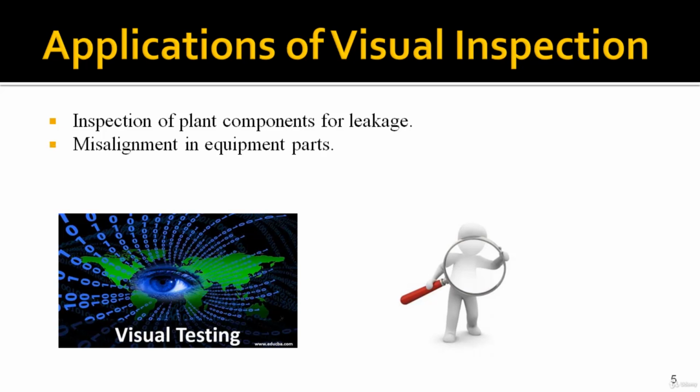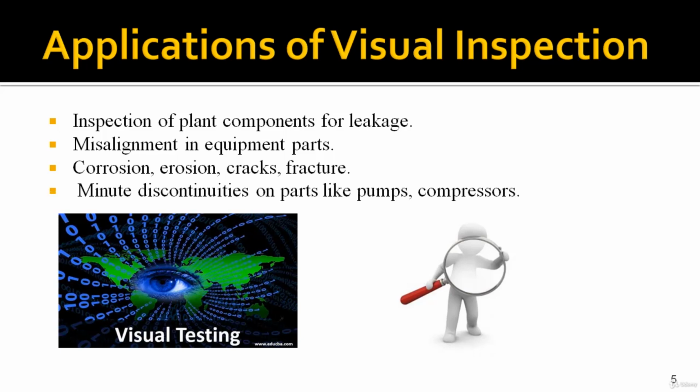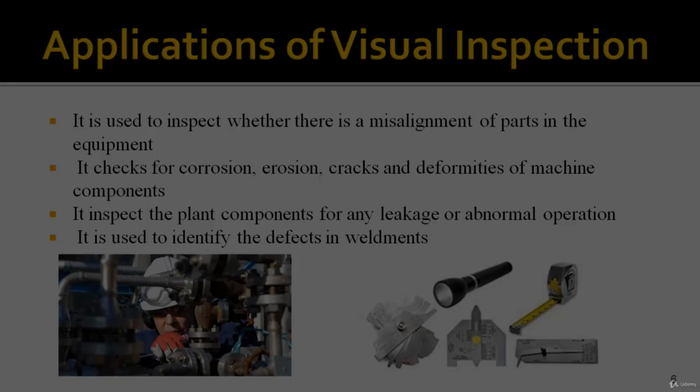Misalignment in equipment parts, we can see this too. Corrosion, erosion, cracks and fractures we can see with naked eyes, or we can use magnifying glasses to see in detail. Minute discontinuities on parts like pumps and compressors can be seen.